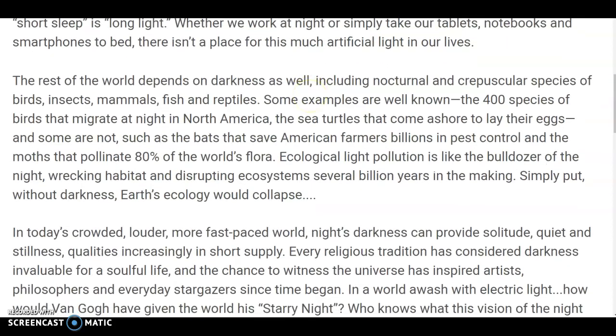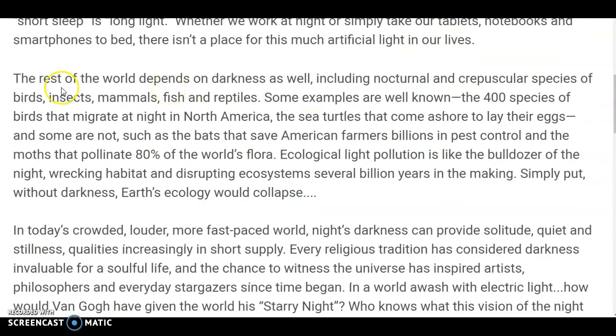Okay, next paragraph, let's see what kind of technique he is using here to build his argument. So I'm going to look at the topic sentence, and that's going to summarize the rest of this paragraph. "The rest of the world depends on darkness as well, including nocturnal and crepuscular species of birds, insects, mammals, fish, and reptiles."